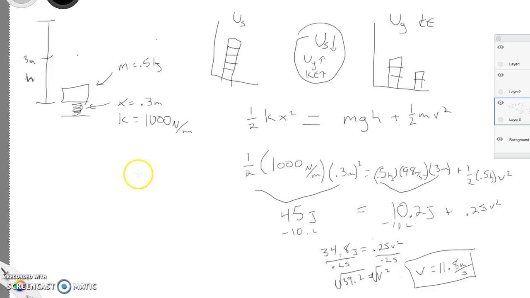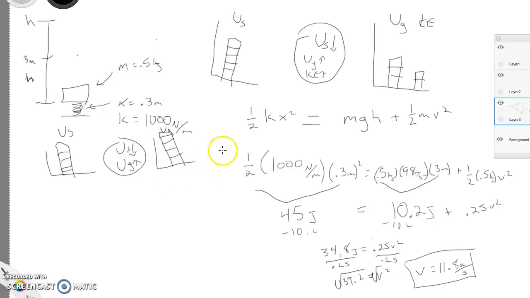The second question is, let's see how high the box is going to go. What is the maximum height this box can fly? At this highest point, what's changed about our energy equation? Think about that and then put in your answer. Hopefully what you said is that at the highest point, all that elastic potential energy you started with has been transformed into gravitational potential energy, which means there's no more KE left over.